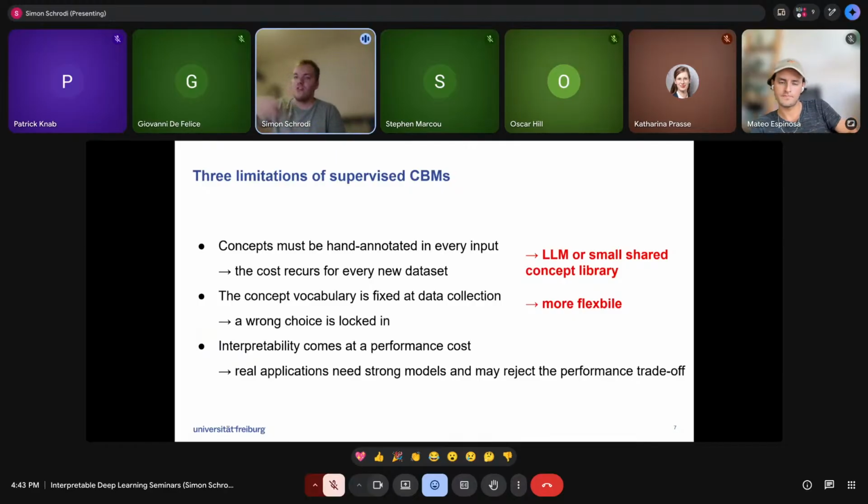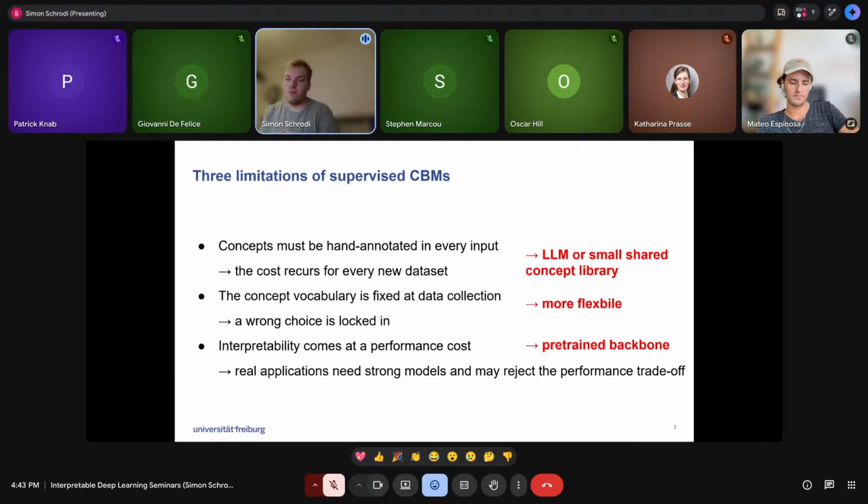So if you iterate over the concept vocabulary at this point, it might be way faster. Folks tested how fast they can train these post-hoc CBMs, and it was roughly 1 to 2 hours, which is essentially nothing these days. So this makes it more flexible, and you get the performance boost from the pre-trained backbone.